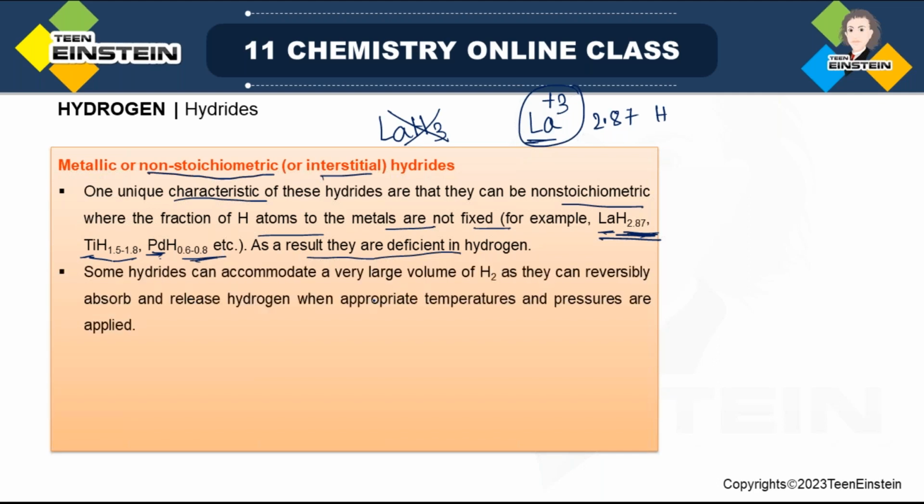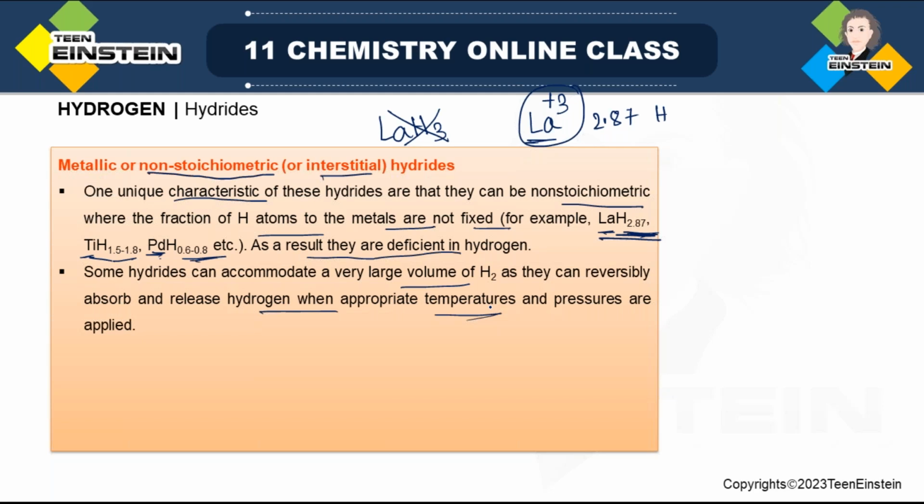Next point, some hydrides can accommodate a very large volume of H2 as they can reversibly absorb and release hydrogen, and you can control it by applying proper temperature and pressure. So when appropriate temperature and pressure are applied, some of these categories of hydride can store hydrogen, so they can accommodate a very large volume of hydrogen.